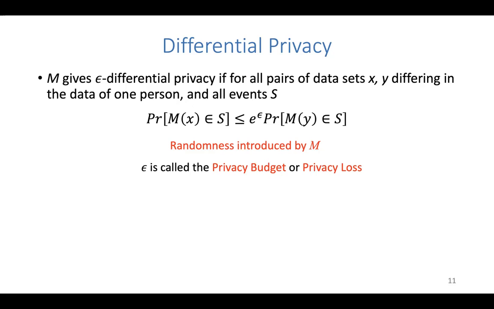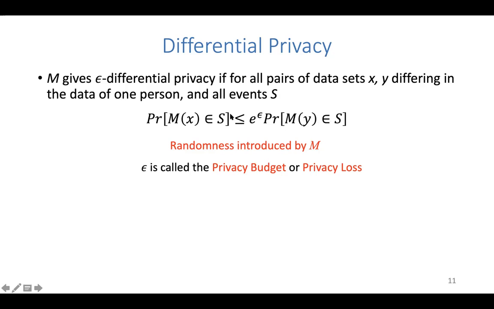So what does it mean here? First of all, it's a probability. It's the probability that some mechanism M working on the data set X has some output, and the same mechanism M working on the data set Y, which differs from X by one person's record, has the same output. What's the probability that these two outputs are the same?